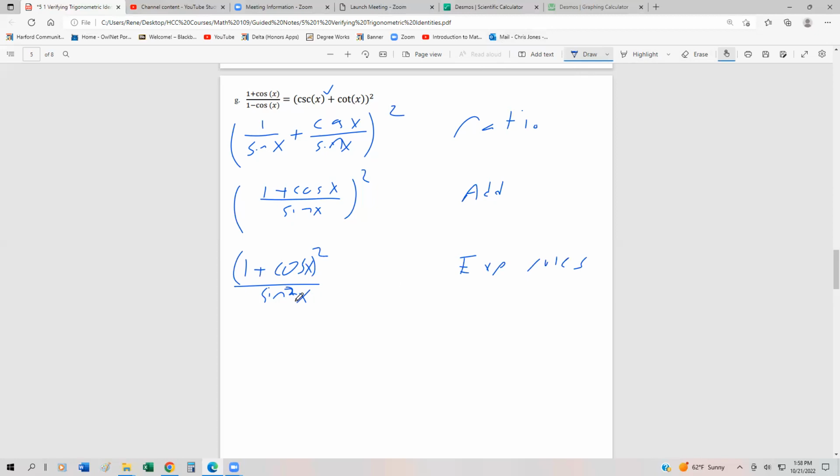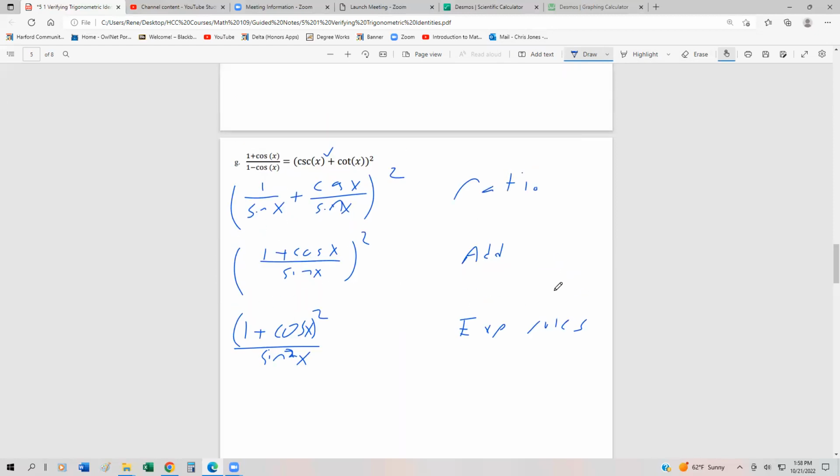And now we can go ahead and turn sine squared of x into something else by using our Pythagorean identity. So you might remember that we have sine squared theta plus cos squared theta equals 1. And if we subtract cosine squared from both sides, we get sine squared is equal to 1 minus cos squared theta. So don't forget about those original Pythagorean identities, we can just move things to other sides.